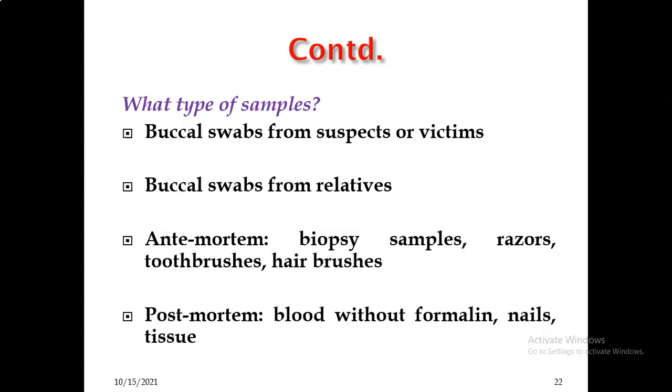Antemortem samples: biopsy samples, razor blades, toothbrushes, hairbrushes. Postmortem samples: blood without formalin, because formalin can interfere with DNA analysis. Also nails, either fingernails or toenails, and then soft tissue muscle.